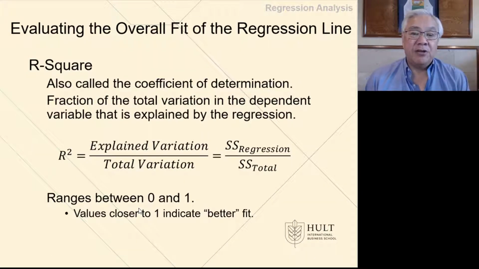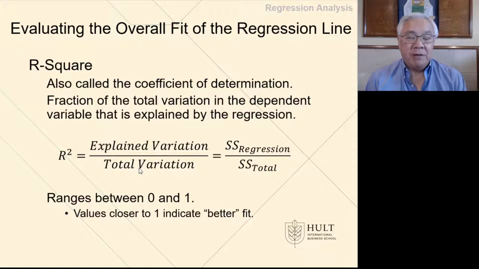Next, we'll look at how good is the fit. And we'll look at two measures. The first is r squared, which is the coefficient of determination. So it says how much of the total variation is explained by this model. And this ranges between 0 and 1, with 1 being perfection, right? 100% match.